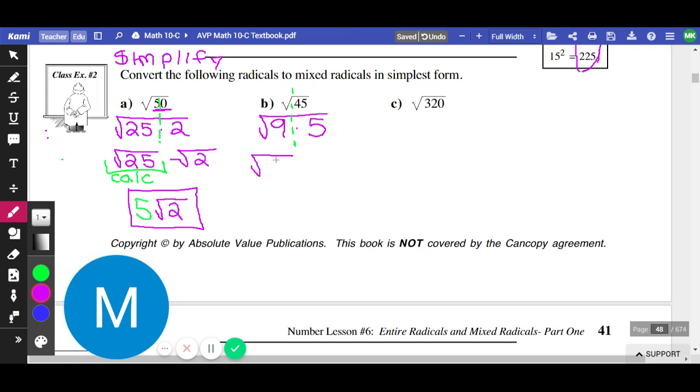Root 9, root 5. The reason that's beneficial to us, this thing can be calculated to be a whole number. It equals 3. The root 5 remains root 5. And that is my final answer. 3 root 5.